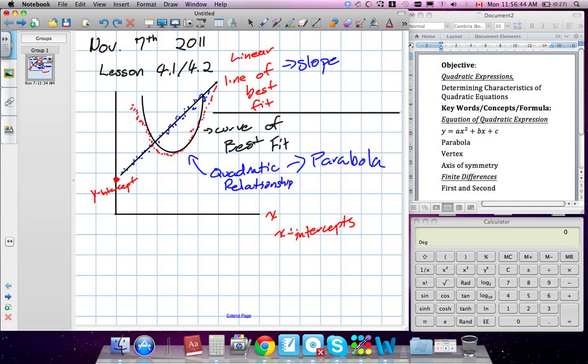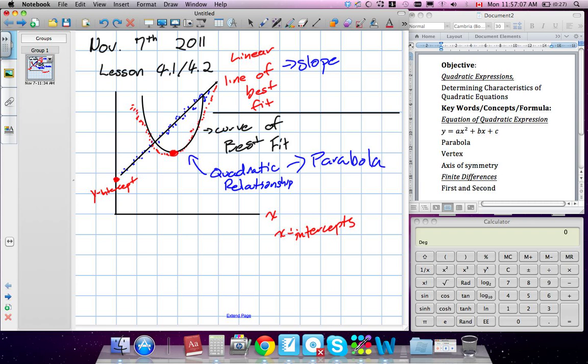So we have slope with linear. With a parabola, we have a couple other things. First of all, one part of it is considered the vertex, okay? And the vertex will be the lowest point of a parabola. It could also be the highest point depending on which way the parabola is facing, okay?